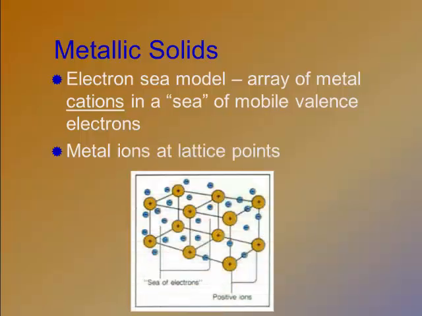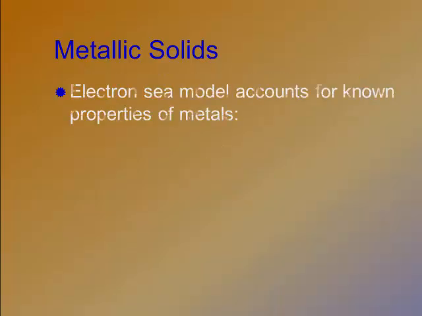So in a metallic solid, it's metal ions at the points of the lattice. The electron sea model effectively accounts for the known properties of metals.